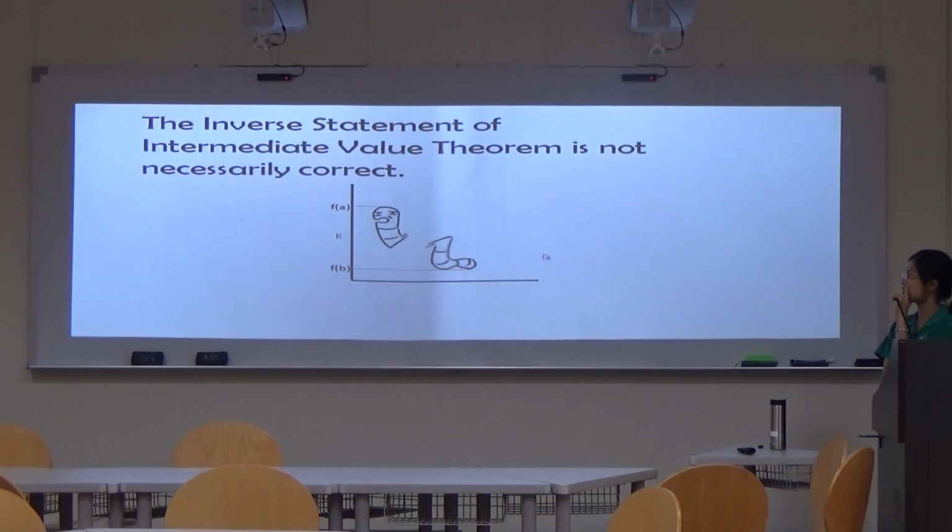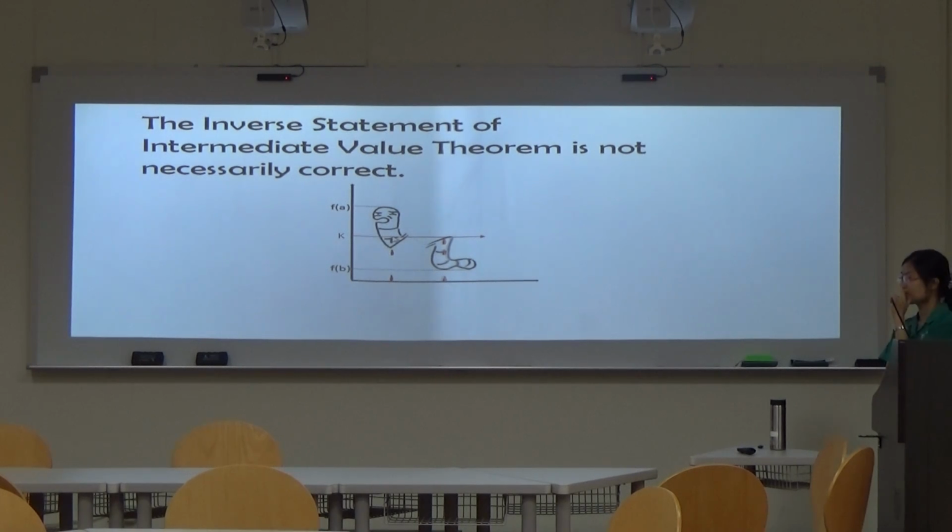But the inverse statement of the intermediate value theorem is not necessarily correct, because we can now see that this earthworm has been broken in half. If we find a point K located between f(A) and f(B) and stick a needle in, we actually can find two points that were stuck by the needle.